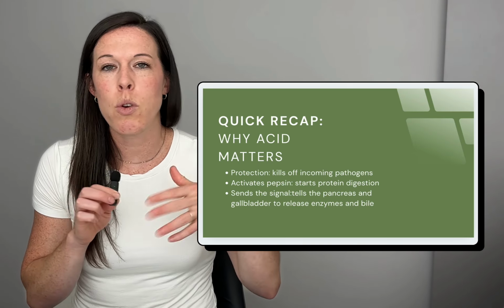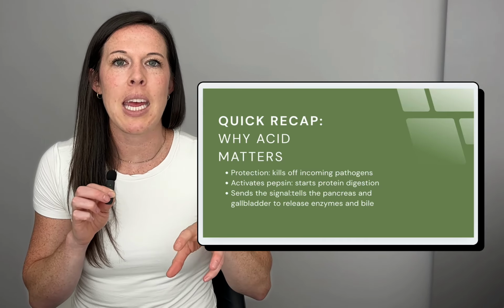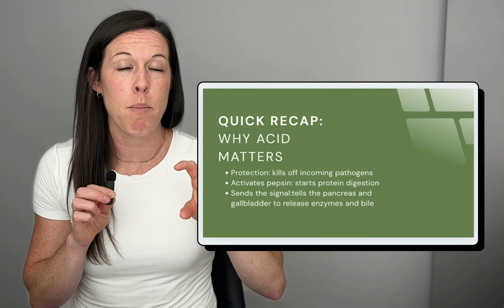If those signals aren't communicated, it can impact the digestion of that mixture going down. So those are three main roles of stomach acid. You can see that if stomach acid is impacted, it doesn't just stay in the stomach and actually affects a lot more of our digestive system as a result of it.